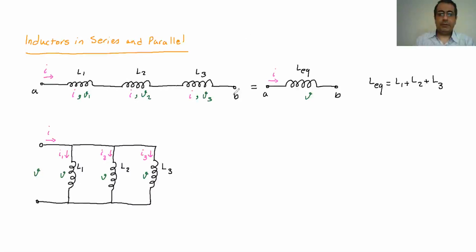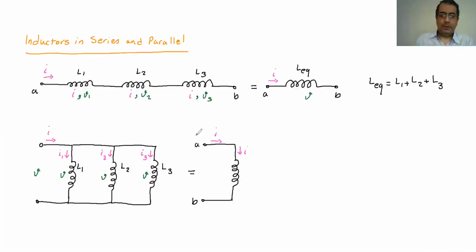And then if we want to replace that with a single inductance, as this one, it's going to be again point A and point B. Then again, we have the I going through that, the entire I goes through that.